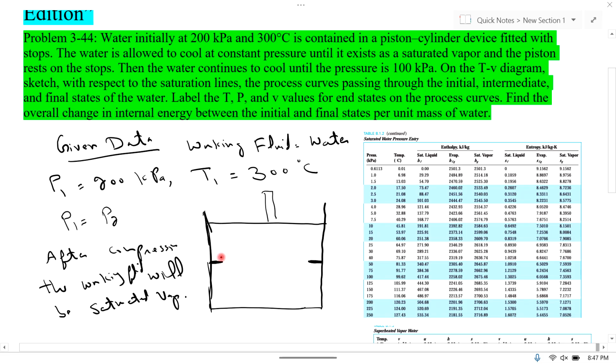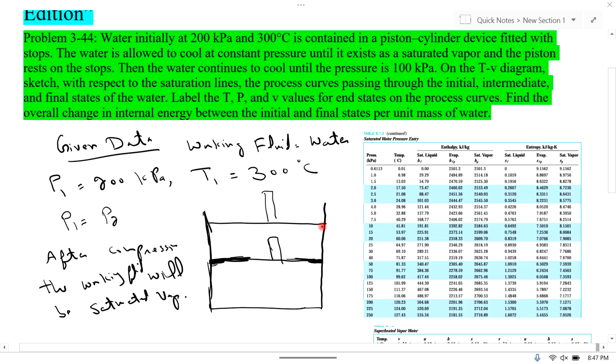After cooling, the piston will be here. After cooling, the piston will rest on the stops. This is the final position. Now if we further cool the system, it will not cross this area, because here are stoppers.